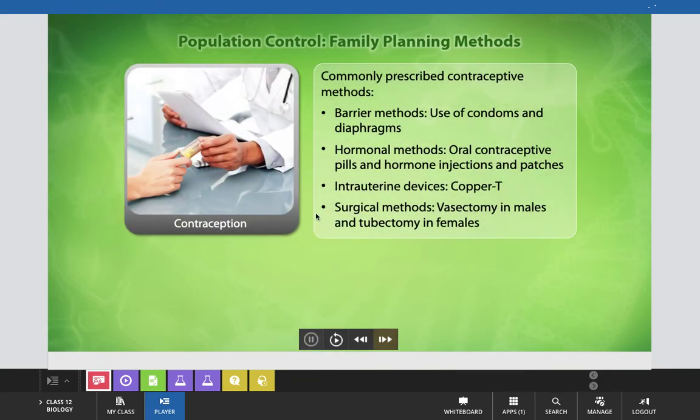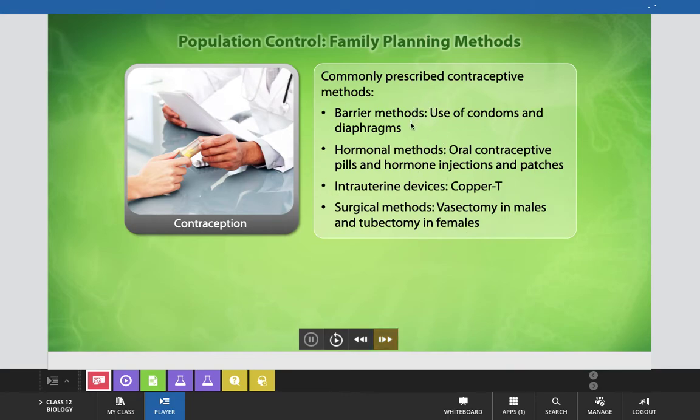Now, in population control, another way is family planning methods. Commonly prescribed contraceptive methods include barrier methods, use of condoms and diaphragms; hormonal methods, oral contraceptive pills, hormone injections and patches; intrauterine devices, Copper-T; and surgical methods, vasectomy in males and tubectomy in females.